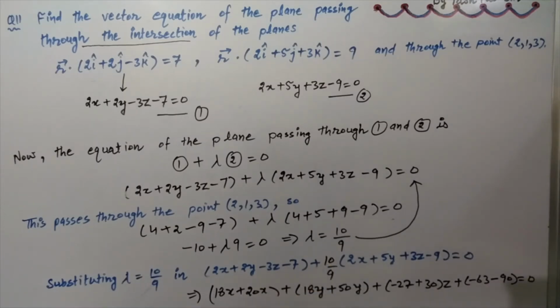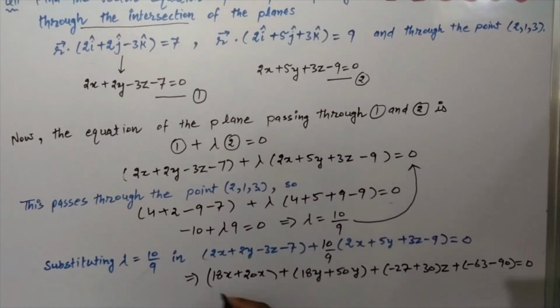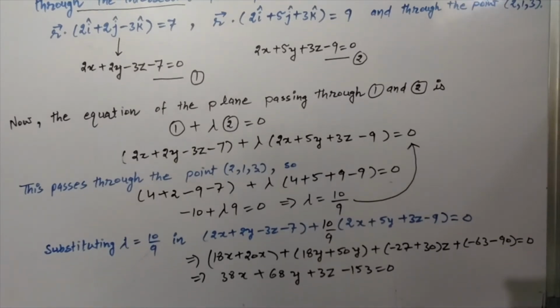So finally the equation becomes 18 plus 20, 38x + 68y + 3z - 153 = 0.